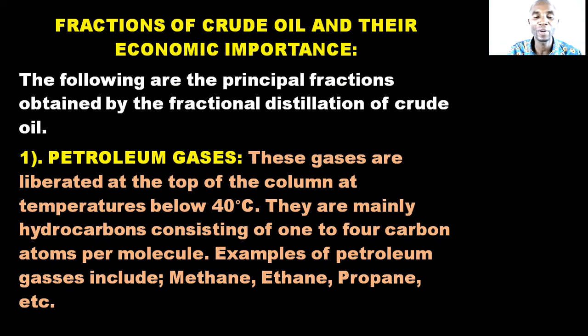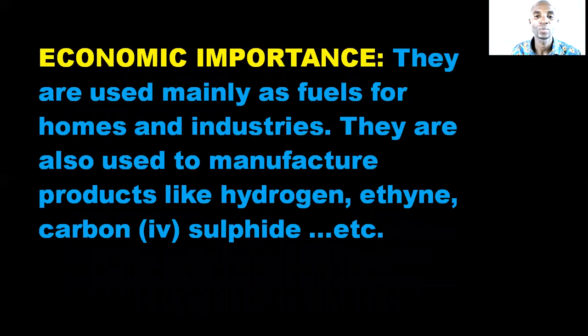What is their chemical importance to us? They are used mainly as fuels for homes and industry. They are also used to manufacture products like hydrogen, ethane, carbon disulfide, etc. So they are used as fuel, both for homes and industries.